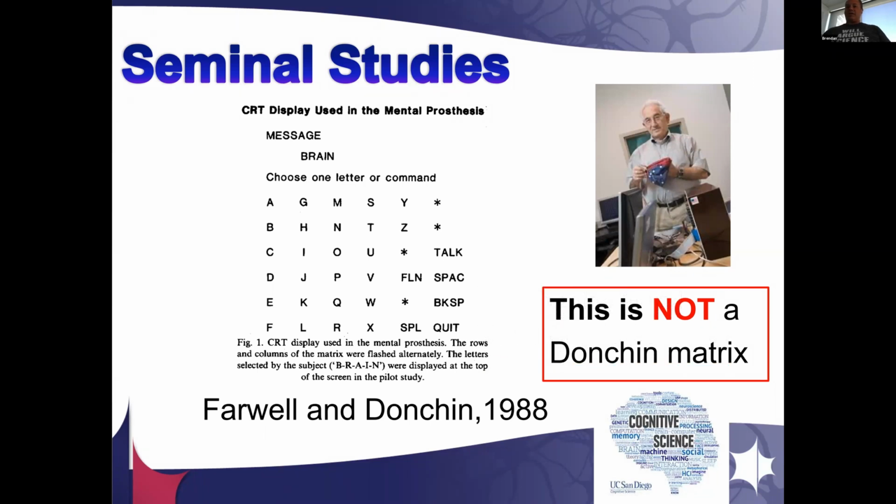He did not think he should have the matrix named after himself. So I told him that in any subsequent talks about his work, I would just say that it's not a Donchin matrix. And so I am. But Professor Donchin had a lot of good papers about P300s long before this one.